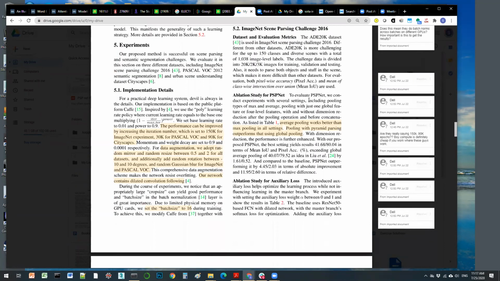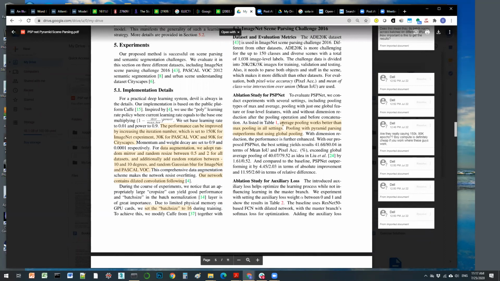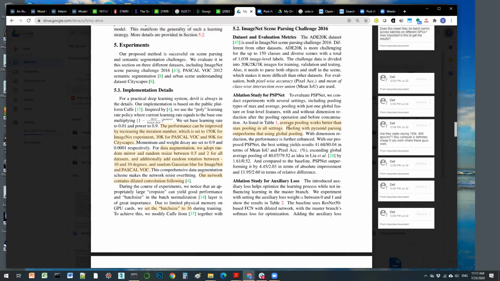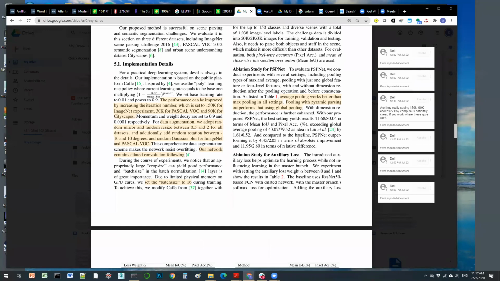And then moving on, as I said, the ablation is good because they say average pooling is better. Also, it says that doing all these different levels, or doing the pyramid with 1, 2, 3, 6, is better than just doing a 1 by 1. So it's not just global context, but global context at various levels of resolution, if you will.